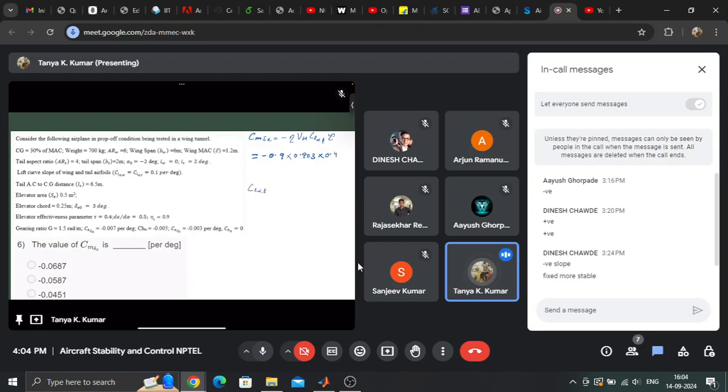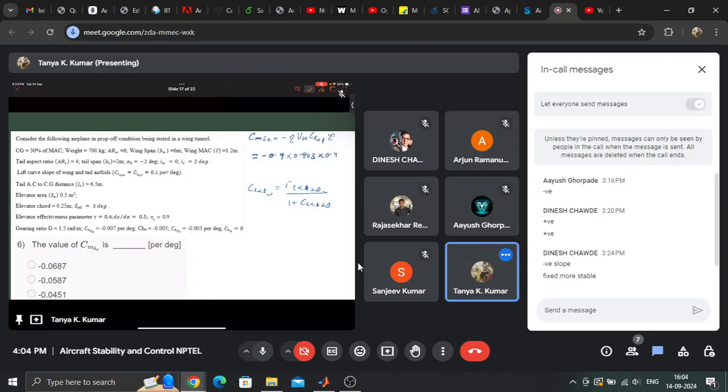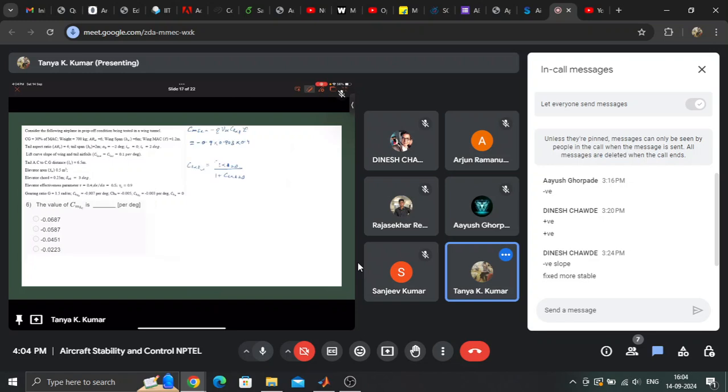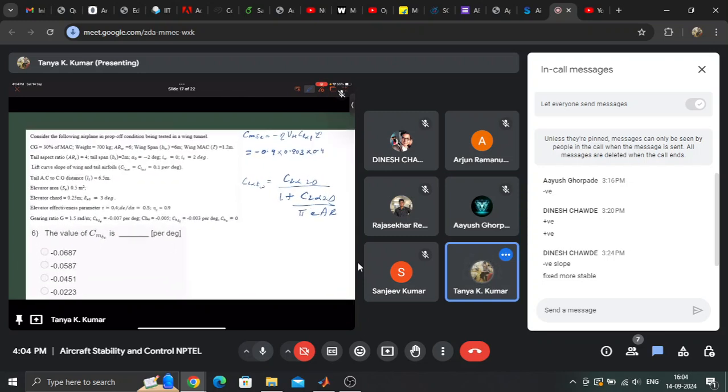Cl alpha tail for the wing is Cl alpha tail 2D by 1 plus Cl alpha tail 2D, so it's not alpha tail, it's alpha wing. Keeping in mind that they've asked you the answer in per degrees.